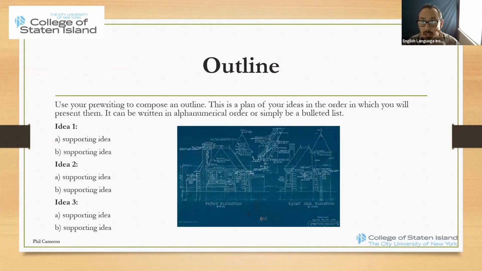Moving on from that, we have an outline. Now, the outline is like your blueprint. This is a very important part of the writing process because it enables you to say, here's what I'm going to do, and here's the order I'm going to do it in. If you're talking about an accomplishment in your life, this is where you set up the timeline so that you're not trying to tack on things at the end.